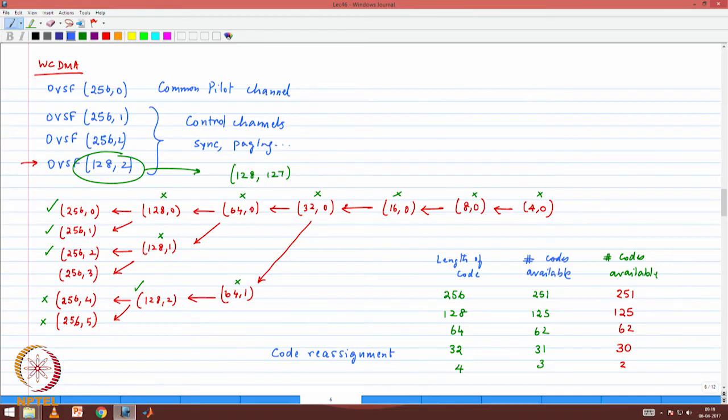And the user says it doesn't matter to me, I can use any code, it's not a problem. So once you do that, you have more codes available in the system. So there's an interesting optimization that can be done if you pack your codes, so that you minimize the number of predecessors. That way you have more flexibility in the assignment of codes. It's an interesting one. I'm sure you will see the pattern.